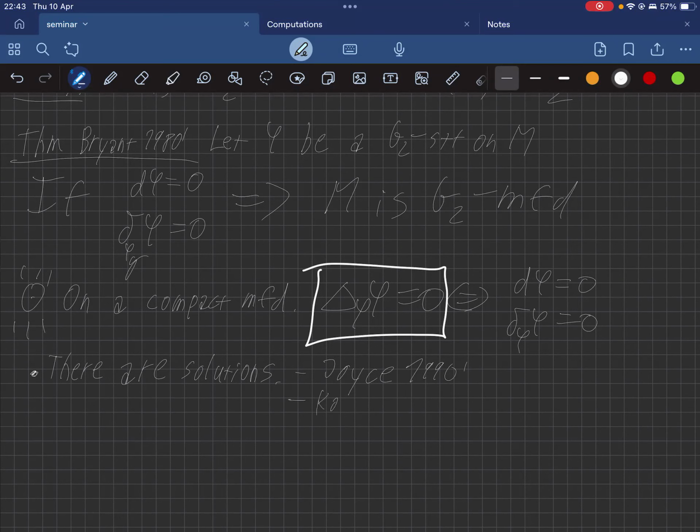Later, it was shown by Kovalev, in the early 2010s, that there's another technique for constructing compact G2 manifolds, which involved taking two Calabi-Yau 3-folds, multiplying them by a circle and joining them, like doing a connected sum, but with some twisting. I don't want to get into the details, but it was another construction. I believe these are the only two constructions known to date for compact G2 manifolds.